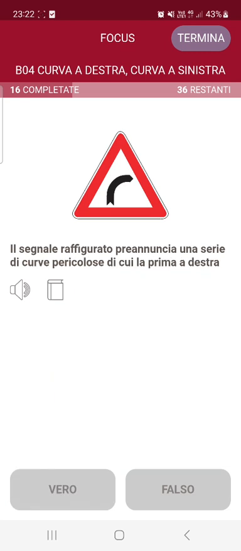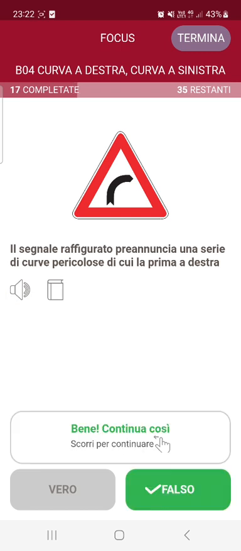Il segnale raffigurato preannuncia una serie di curve pericolose di cui la prima a destra. Falso. This will not be a series of curves. This one is just one curve, like Curva a destra, which is a sharp corner to the right-hand side.